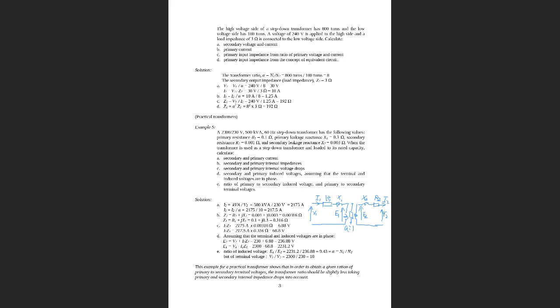So on the primary, we have the terminal input voltage V1 here. We have the terminal input current I1 and the internal copper resistance R1, internal leakage reactance X1, and mutual reactance or magnetizing reactance XM1 here. So this generally is the magnetizing reactance XM1.